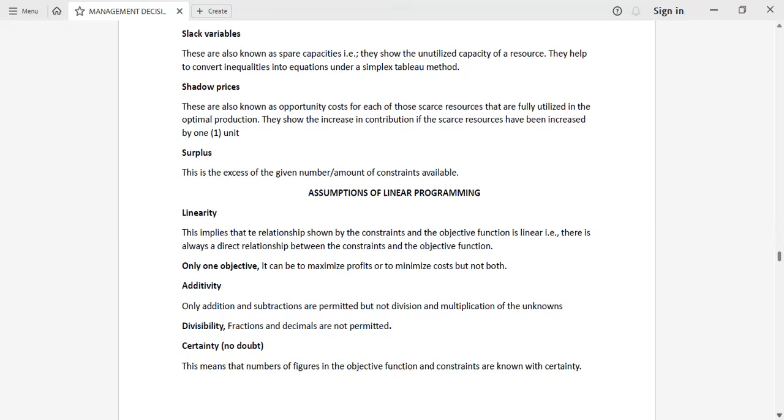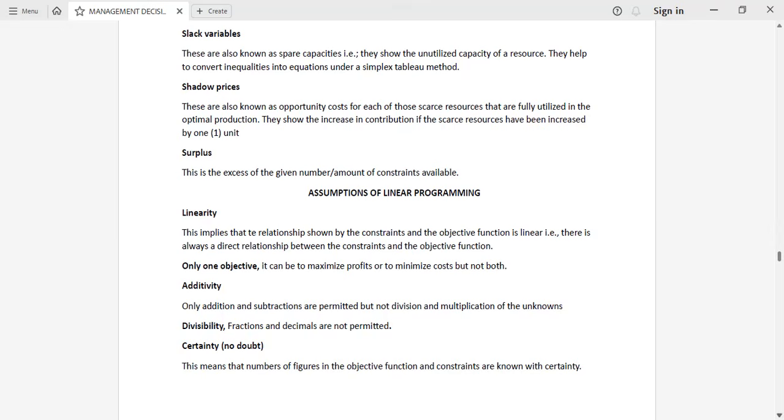There is no way we can apply them under linear programming at once. We must have only one objective function. So in linear programming, we have one objective function, and it is either we are maximizing profits or we are minimizing costs. And that's all. Hope that one is clear.